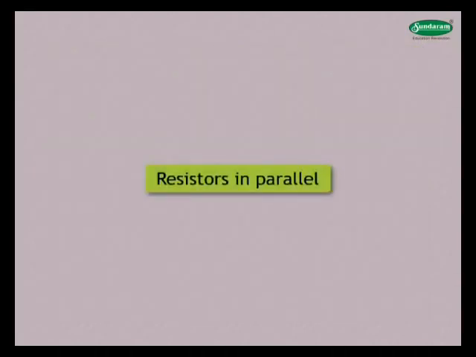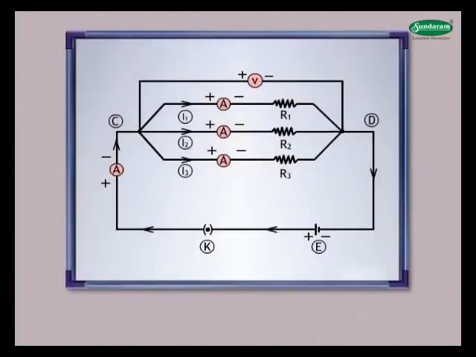Now let us study about resistors in parallel. Let three resistors R1, R2 and R3 be connected in parallel between points C and D. I1, I2 and I3 are the currents passing through R1, R2 and R3 respectively.